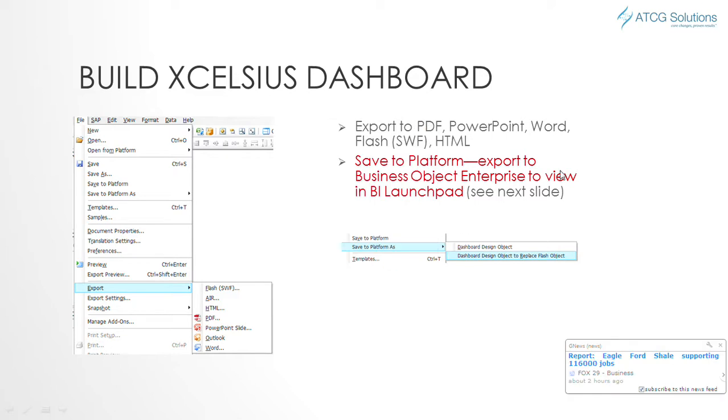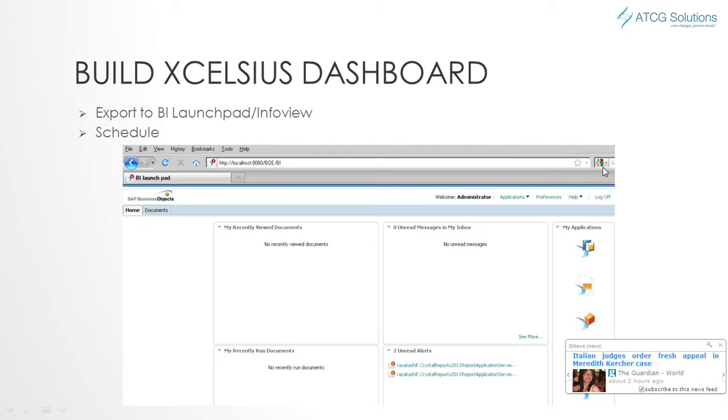When everything is done, export to PDF, PowerPoint, Word, and also export to BI Launchpad. What is BI Launchpad? With BI Launchpad, you can access Webi reports, dashboards, and Crystal reports, and organize them to suit your needs.